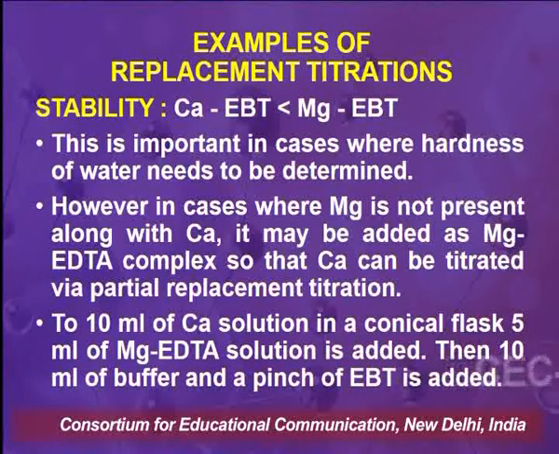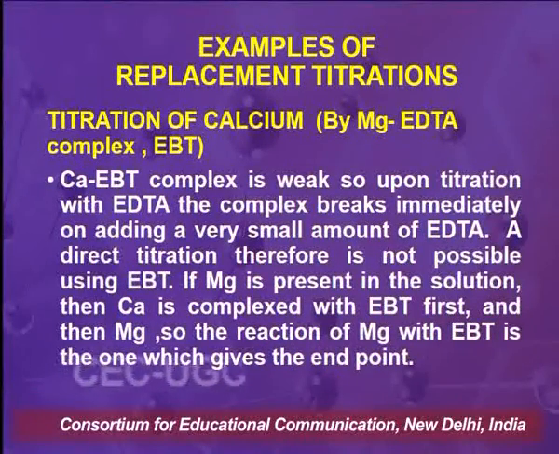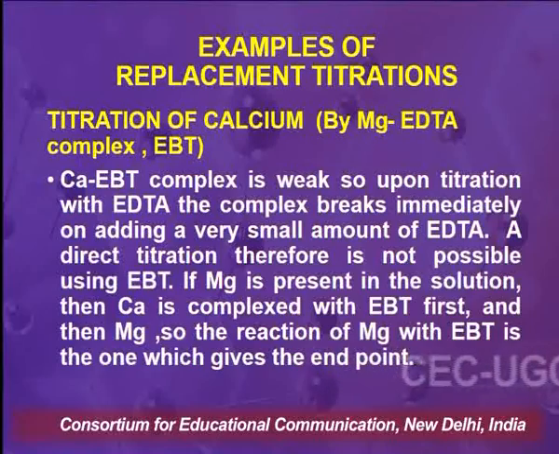So, in a particular case of titration of calcium with eriochrome black T, since the calcium eriochrome black T complex is weaker than the magnesium eriochrome black T complex, magnesium needs to be added for the titration of calcium, because the endpoint, as we have just seen, will be determined by the magnesium EBT complex once it breaks with EDTA.